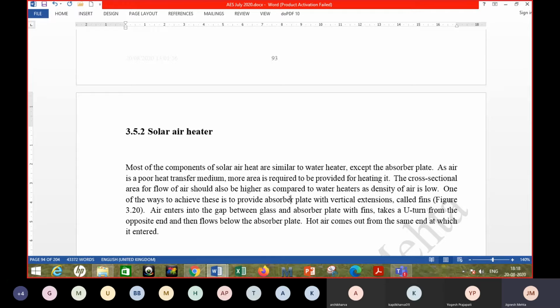So if you want the same amount of mass flow rate of air and water, air would have much higher volume flow rate as compared to water. So that is one thing which will affect the design of the solar collector.